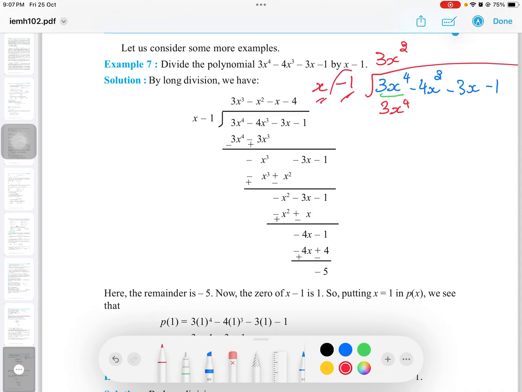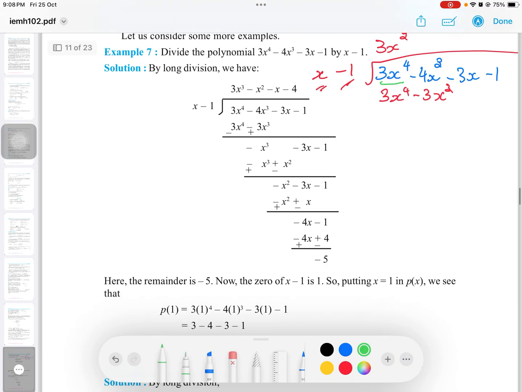We have 1 also. So we just multiply this 1 with this. So now minus 1 times 3x cubed would be minus 3x cubed. Now remember, we are subtracting. That's very important.